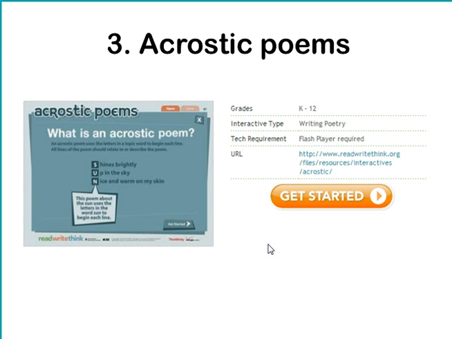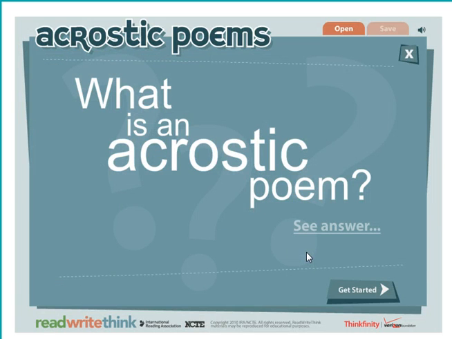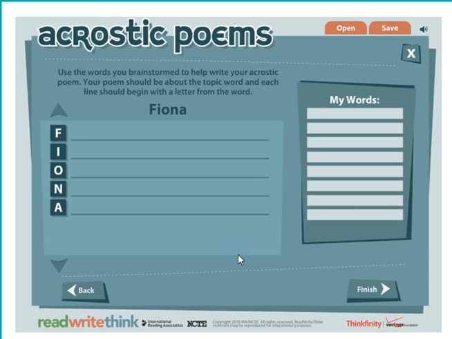The third one is the well-known acrostic poem, where you would write a word down and think of horizontal words that start with those letters. So when you open the acrostic poem interactive, it'll teach you a little bit about the acrostic poem, and then you choose your words that you want.